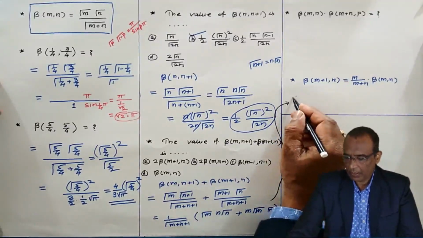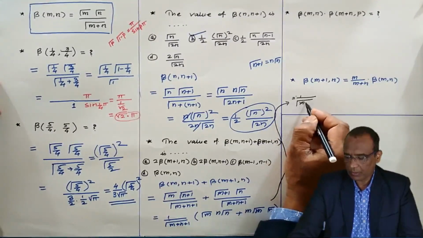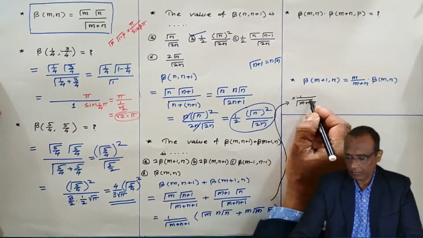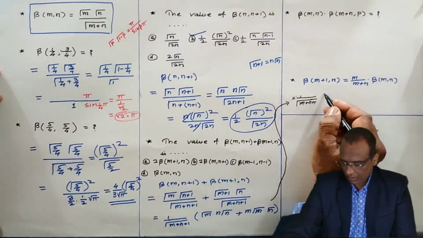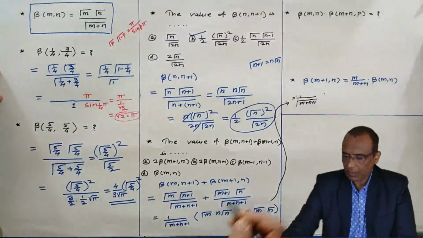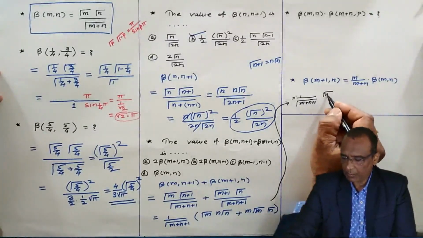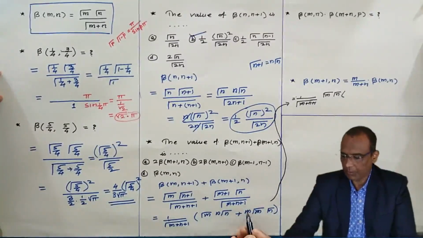1 by gamma m plus n plus 1, and what is common? Gamma m gamma n is common. This I am taking common. And the uncommon term is n plus m.